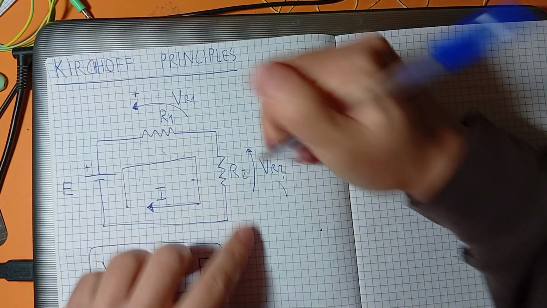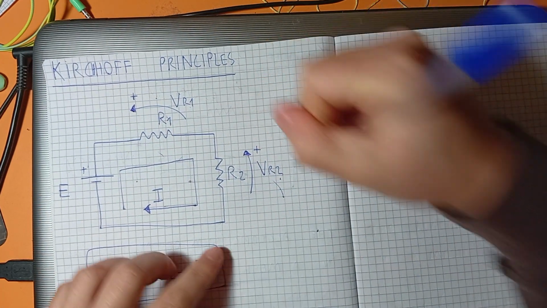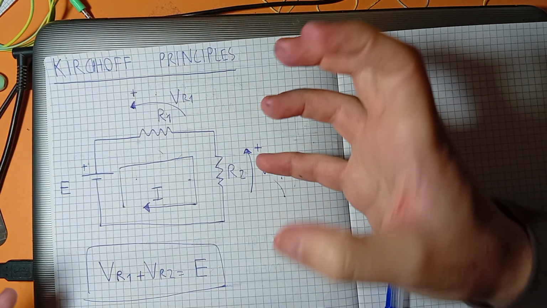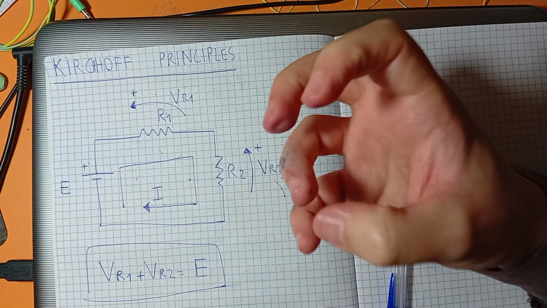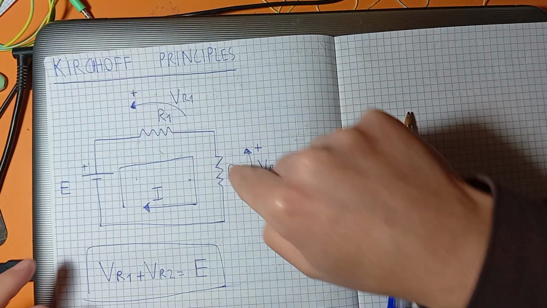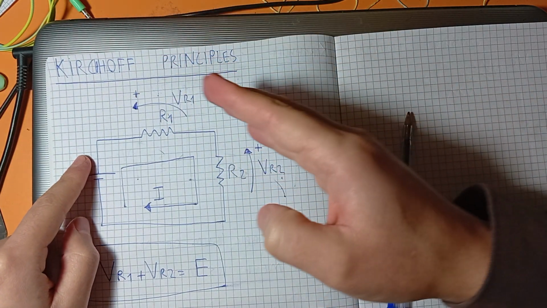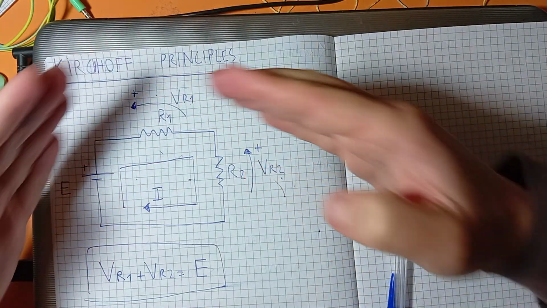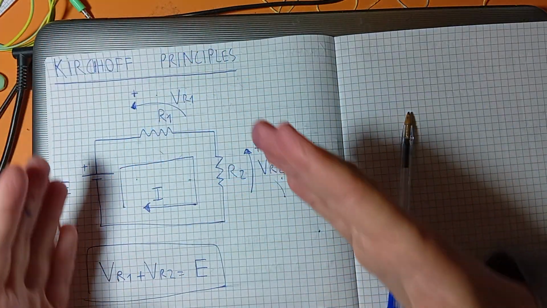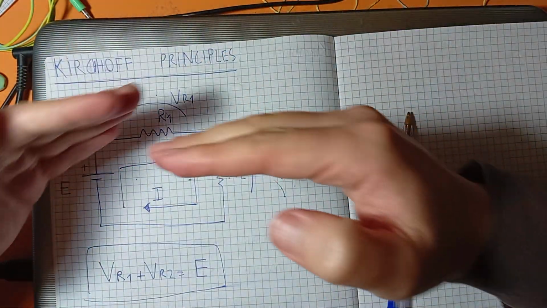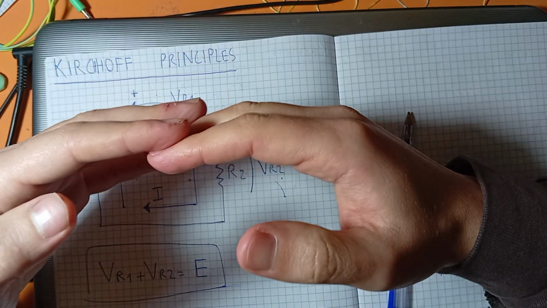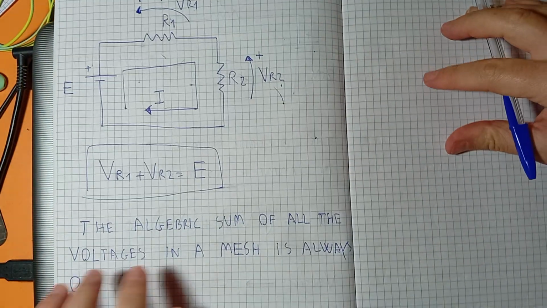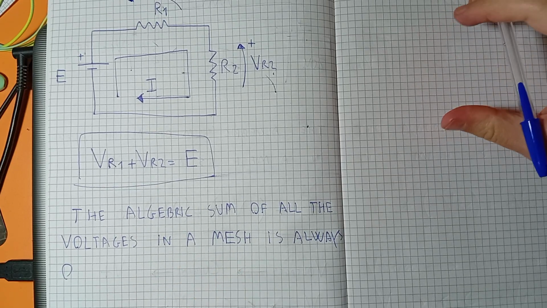Here where there is the arrow direction, there is the plus of the voltage drops. So the total voltage drops and the voltage generator are like two equal forces in opposite directions who create this equilibrium of zero. The result is zero. And this is what the first Kirchhoff principle says.